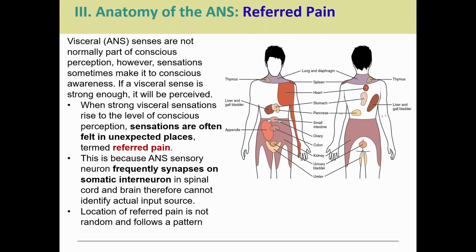The brain gets, I guess you could say, confused, and it's not sure where the signal actually originated from. And so sometimes your brain assumes it's coming from the somatic side, so you feel this on the somatic end. It's not a random location, though. It is very much a pattern in terms of where the referred pain happens.